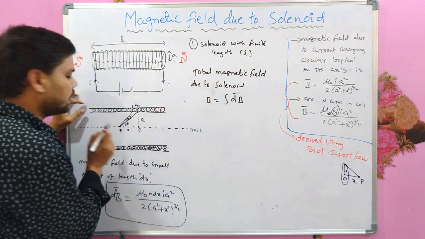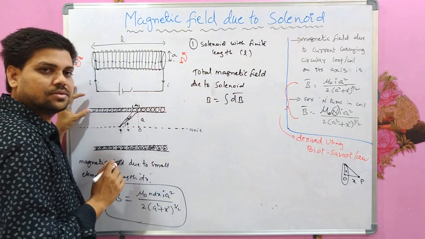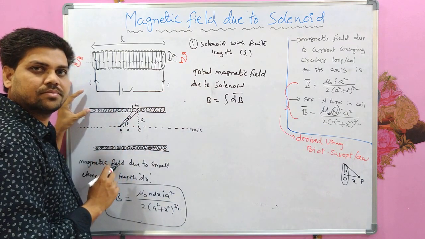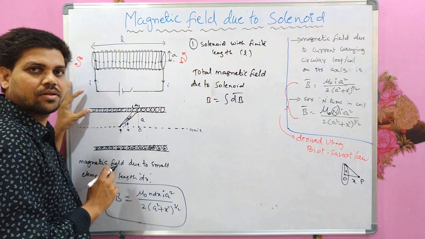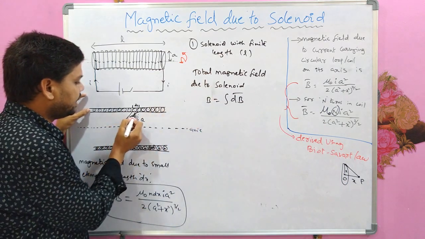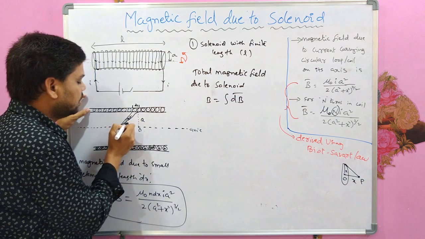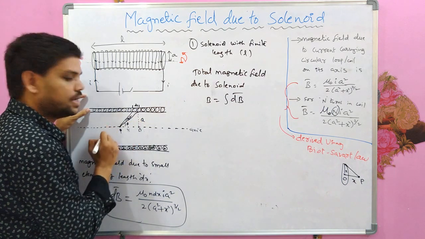Because I want the magnetic field due to all the turns. Okay, then how to take limits? For example, if I take only ndx turns, here you see theta and d theta.